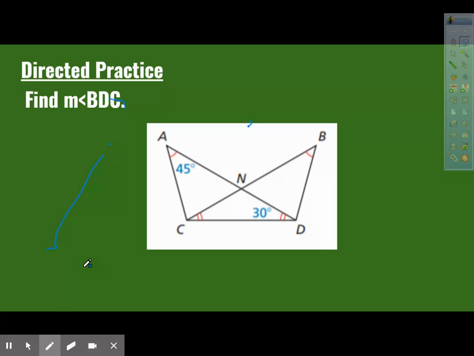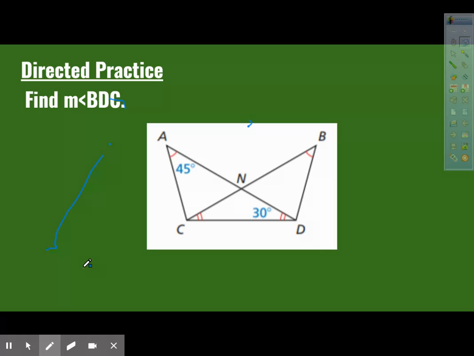Okay. All right, Logan. When you do 180 minus 120, and find out that angle, that gives you this one, which is going to be what? 60. Okay, now what? You do 60 plus 45, which I'm assuming is 105. Okay, then you get 75.